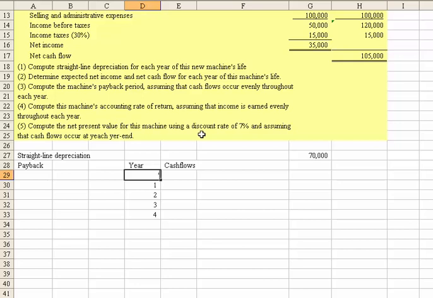Alright, let me just enter it this way so I don't feel like formatting it much. Okay, now we know that the machine cost $300,000. Let me enter it as $300,000, and we know that previously we computed the cash flow as $105,000. And we know that we'll get 105 in every year. So let's look at our cumulative cash flows.